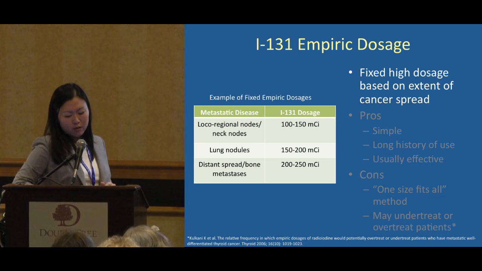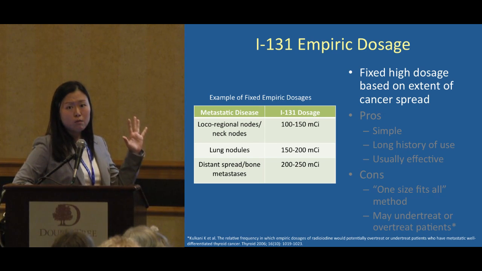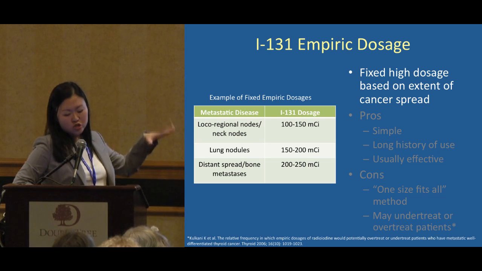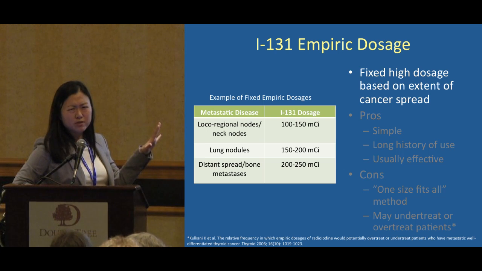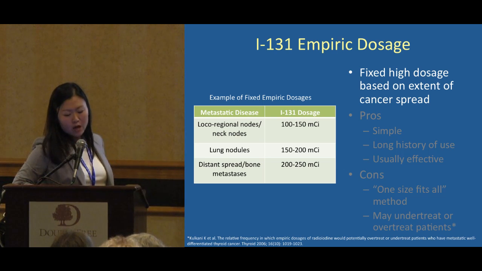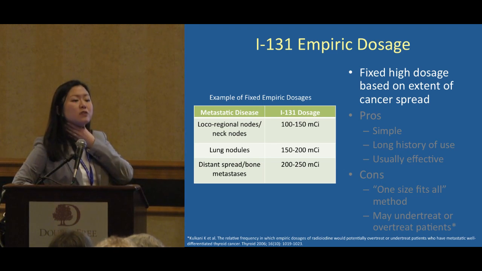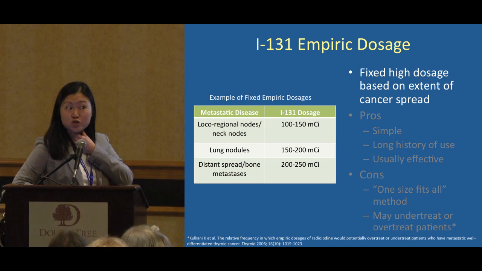So here I put an example. Everybody uses a slightly different variation of this, fixed empiric dosage ranges, but this is a good representation of what we've been doing. When patients have metastatic cancer just in the neck nodes, about 100 to 150 millicuries.